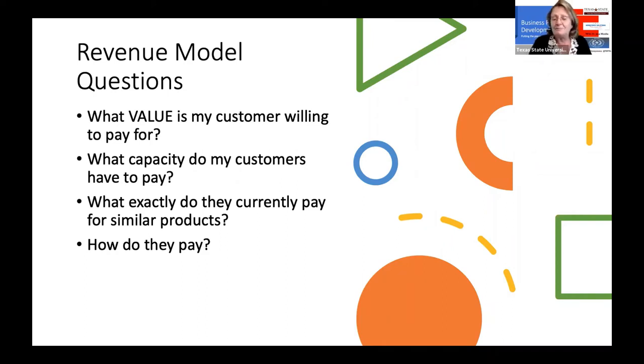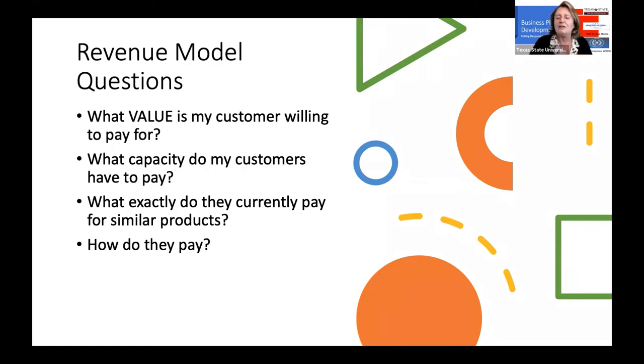Going back to that customer discovery discussion that we had earlier today, value is everything. Customers buy things because it provides them value, that it solves a problem that they have. How important that problem is will depend on how much value that is to them and how much they're willing to pay. So let's look to see what that is.